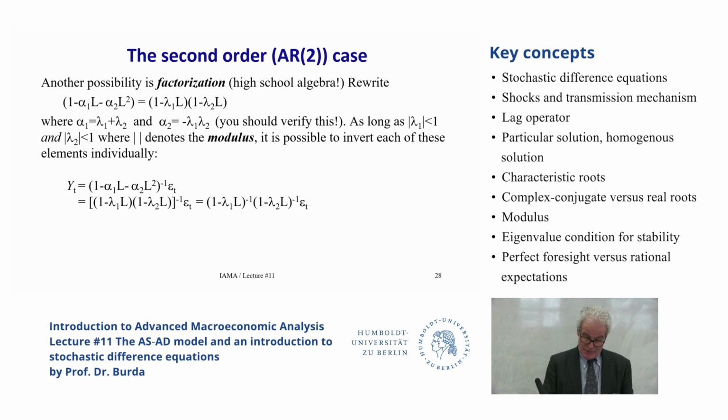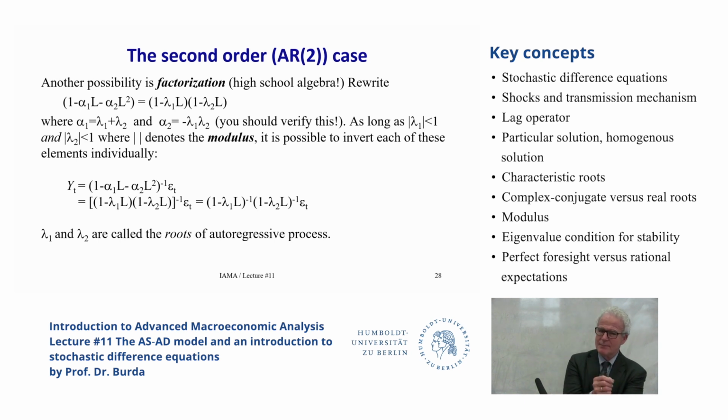It's easy to formalize, and it looks so easy because if I understand the behavior of lambda 1 and lambda 2, I understand the behavior of this system. So this is often called the characteristic root, or, and you'll see later, in a similar way in a matrix form, it's the eigenvalue of the system.